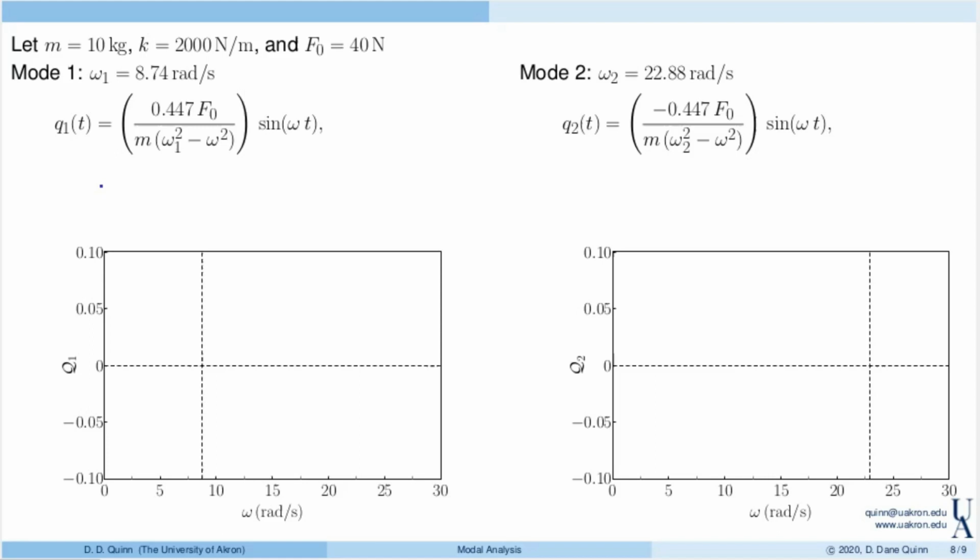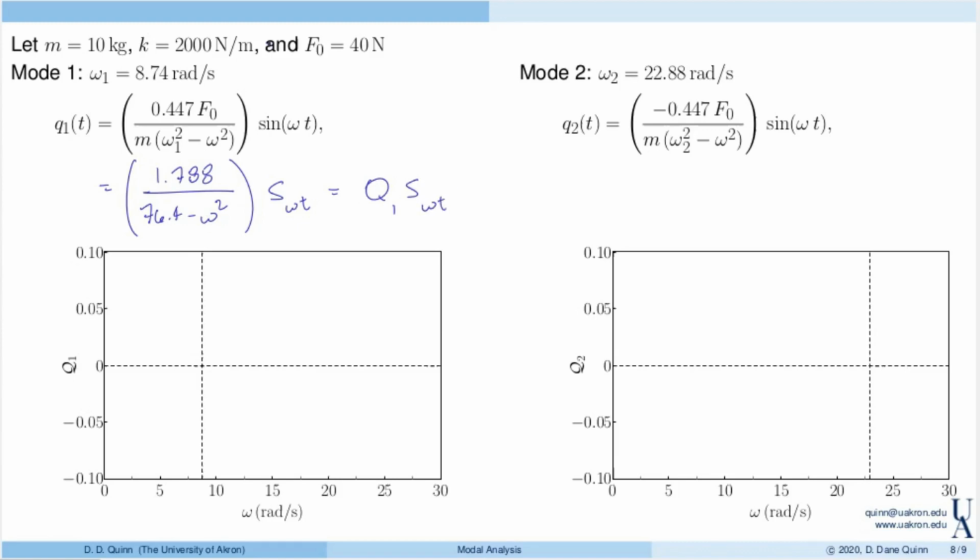And we can actually simplify this a little bit. With these numerical values, we end up with 1.788 in the numerator, and then 76.4 minus omega squared. 76.4 is the square of the modal frequency, times sine omega t. And so, just to remind you, Q1 sine omega t, where Q1 is this term in parentheses.